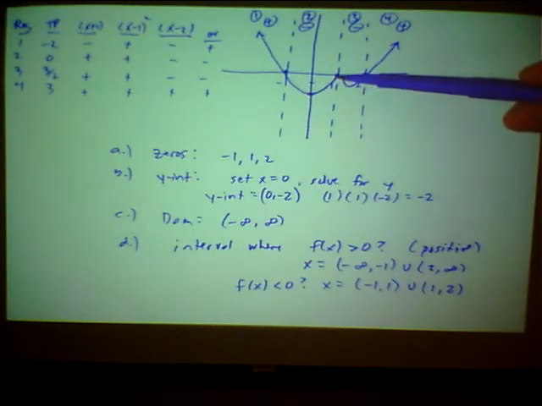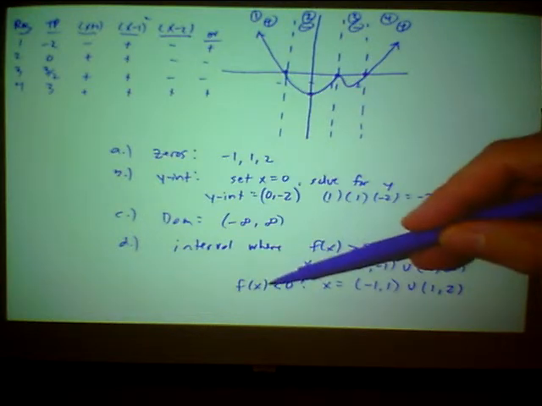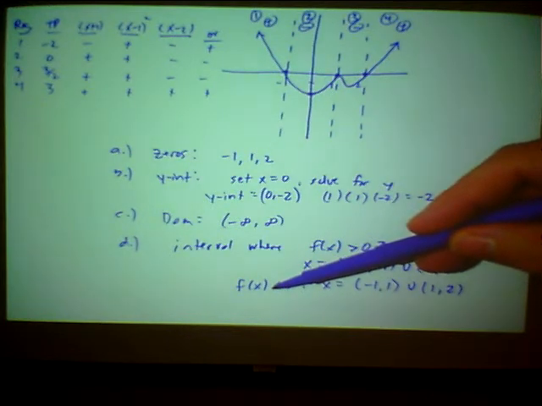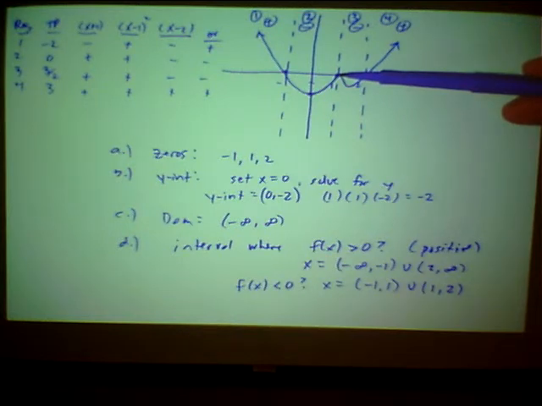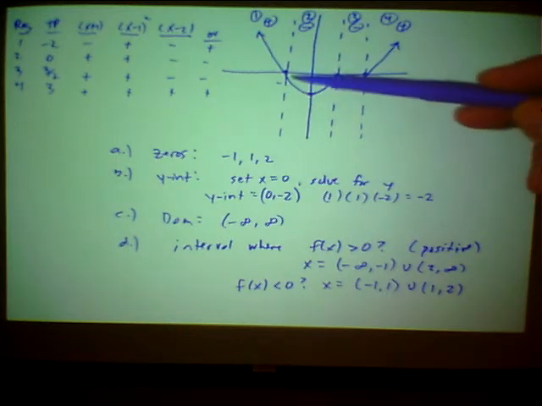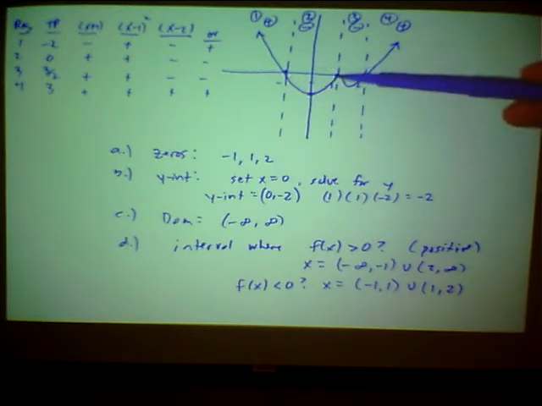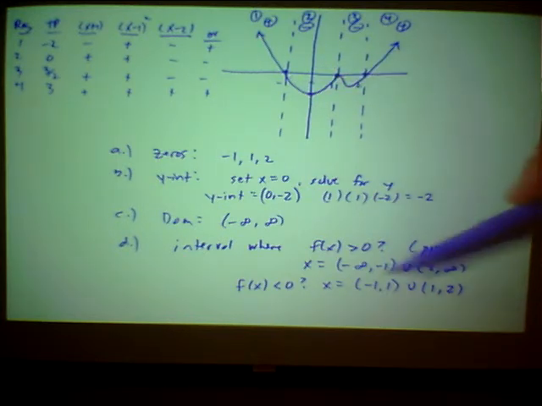The function is actually 0. And this question is, when is the function negative? Well, the function is not negative when x is equal to 1. The function is actually 0. So I cannot include x equal to 1 in the interval. So I have to go from minus 1 to 1, skip 1, and go to 2, which is what I have here.